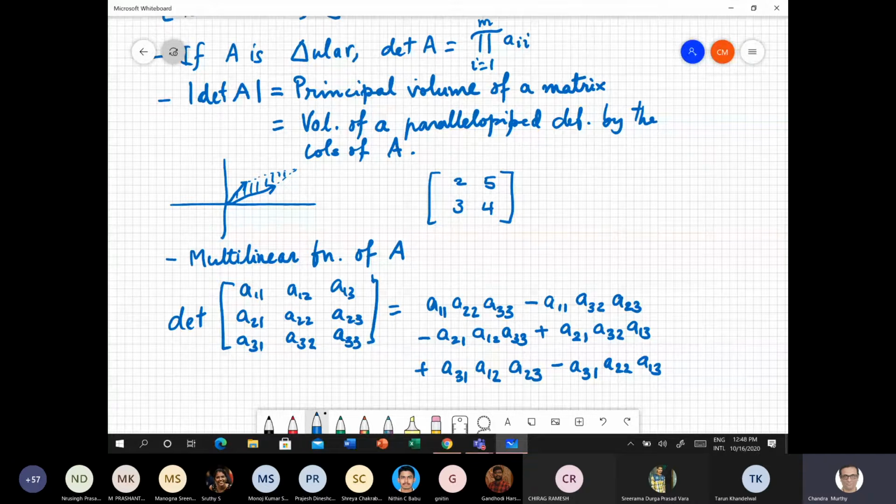So if you take any one element, like for example A11, it appears in two terms and it's a linear term that appears here.